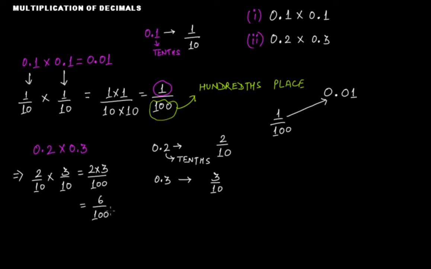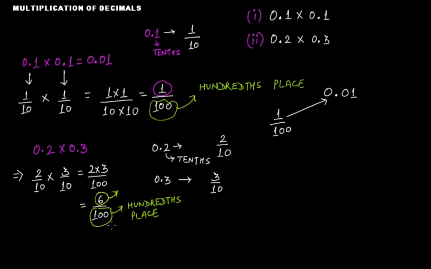Again, this 100 is telling us a story of the hundredths place. And this 6 is telling you that it is present at the hundredths place.